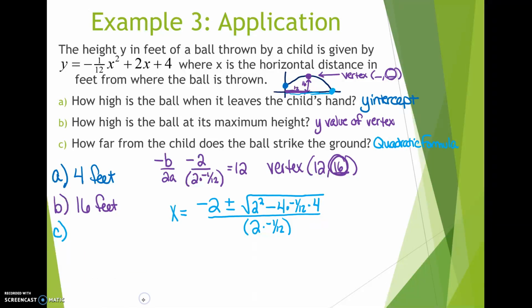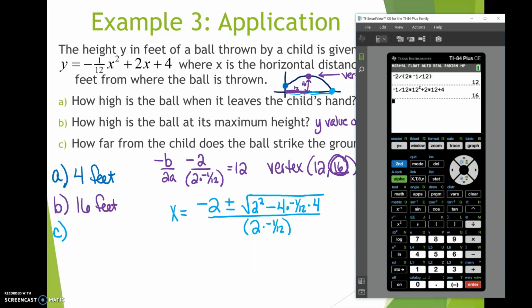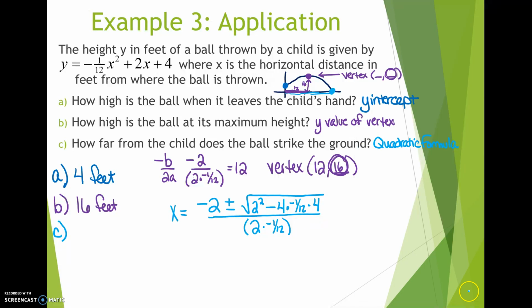I'm going to show you some strategic laziness. Negative 2 plus square root 2 squared minus 4 times negative 1/12 times 4. Enter. Oh my gosh, I hit out of the program.